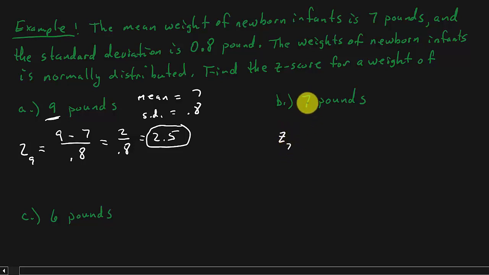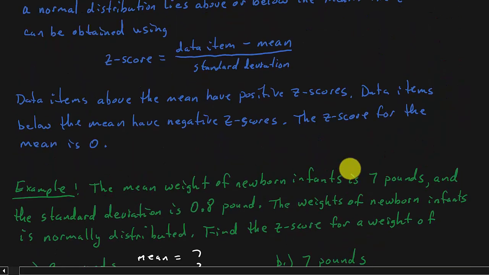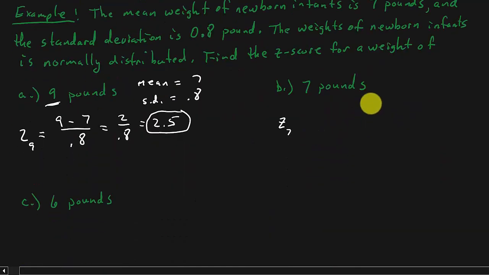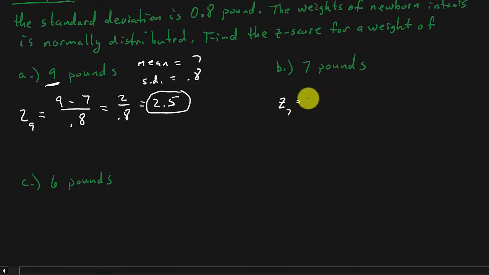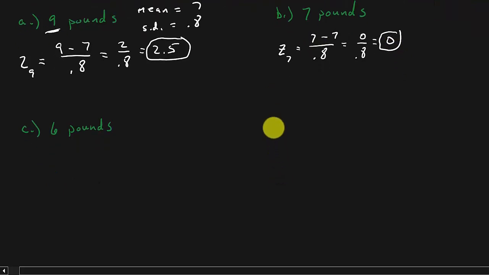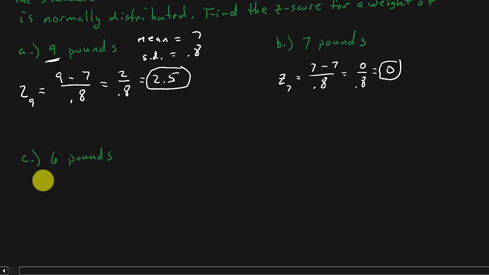See, this is our data item. So remember, it's the data item minus the mean, over the standard deviation. So this is going to equal the data item minus the mean, which is 7, over the standard deviation. And we can actually see that would be 0, right? 7 minus 7 is 0. And then let me guess, this one's going to give us a negative one probably.